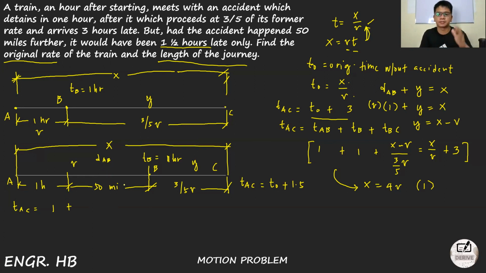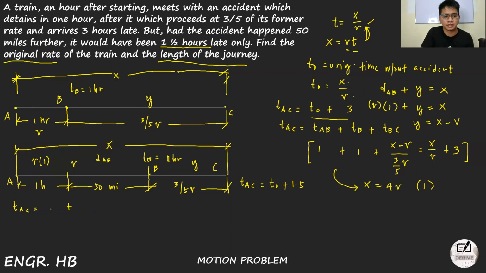Kung ano yung total time travel ng 1 hour plus 50 miles. So burahin natin yung 1 hour muna para hindi malito. Ayan. So that will become, kung ano yung dito from point A hanggang isang oras, so ang total distance niya is V times 1.